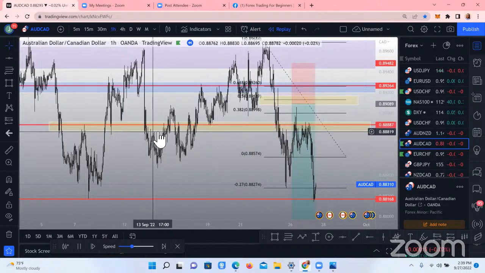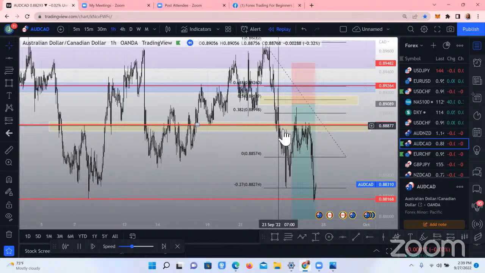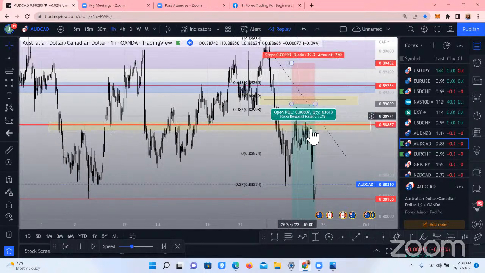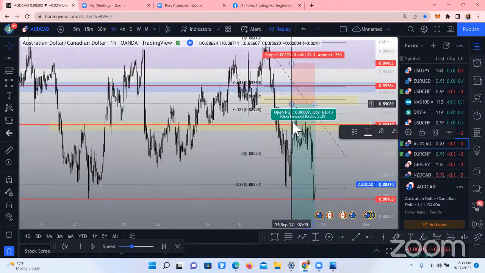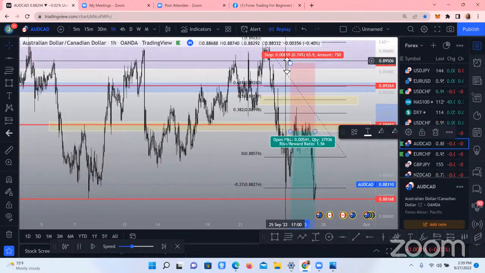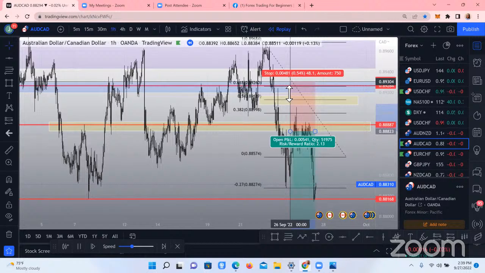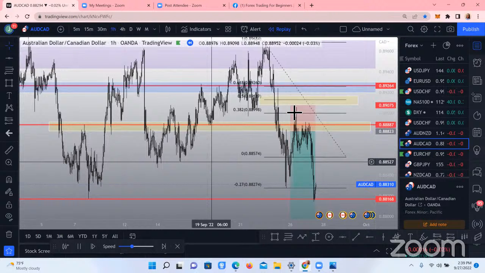Then it was resistance, broke through, resistance, support right here, some support, resistance, broke through, and it came back for resistance. So our entry should have looked something like that.